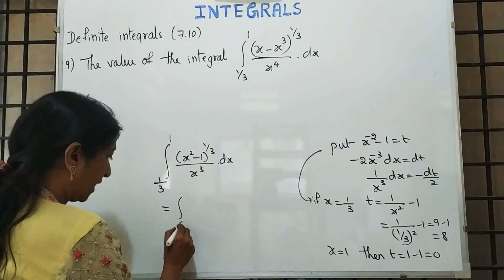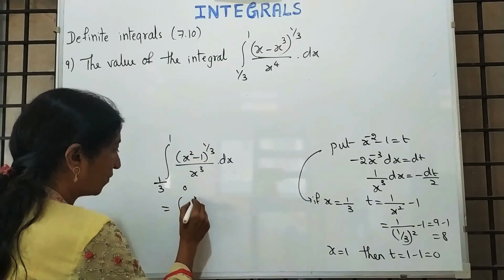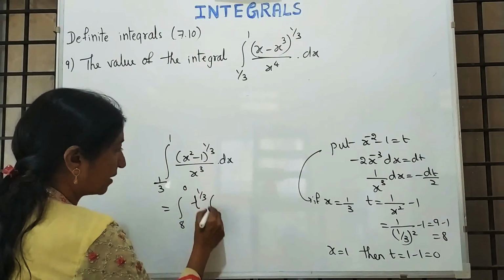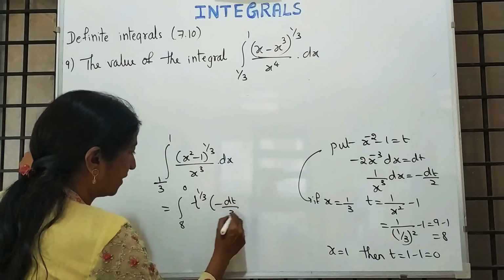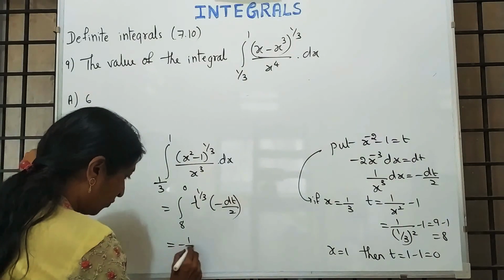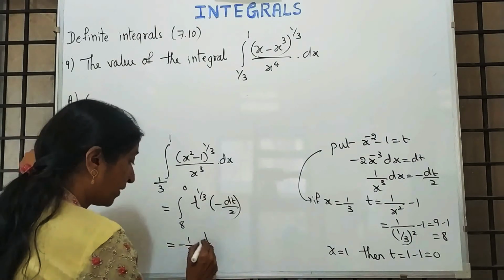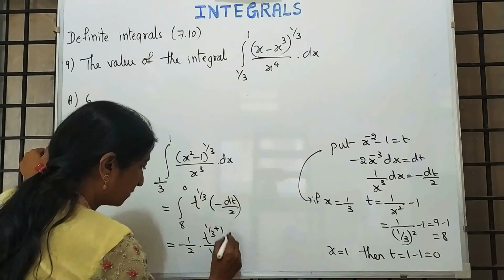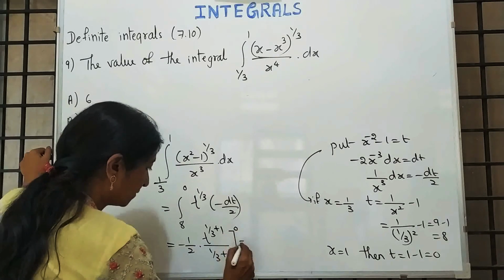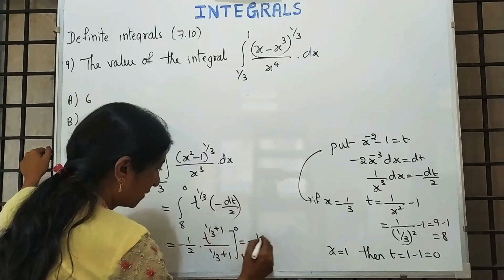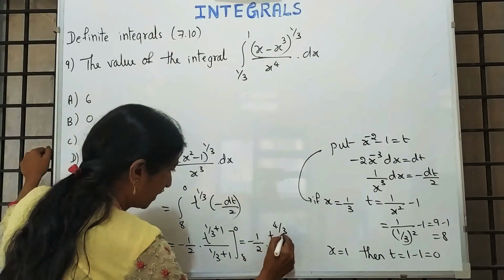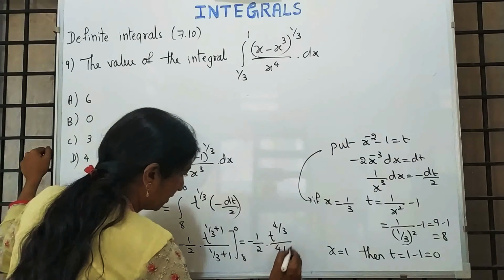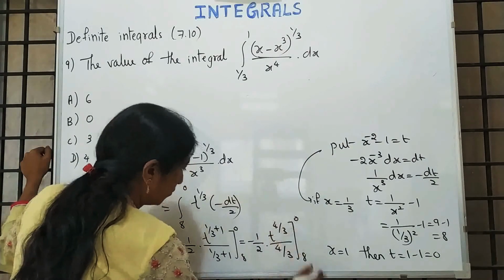It is 8 to 0. T raised to 1 by 3 into minus dt by 2. Minus 1 by 2 outside. T raised to 1 by 3 integrates to t raised to 4 by 3 upon 4 by 3, from 8 to 0.